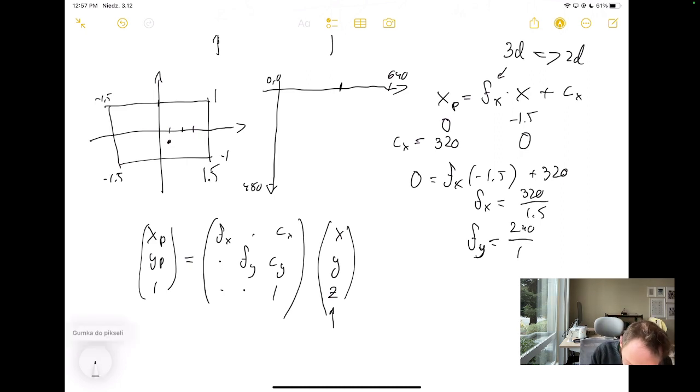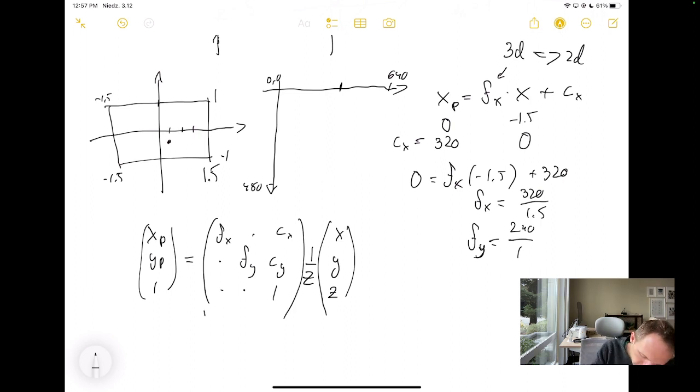Or sometimes it's also written in this way, where you divide everything by z, so you do 1 over z, and that's a way to write it.